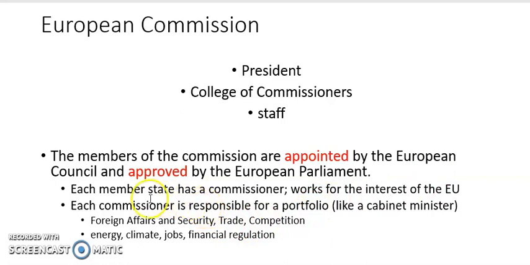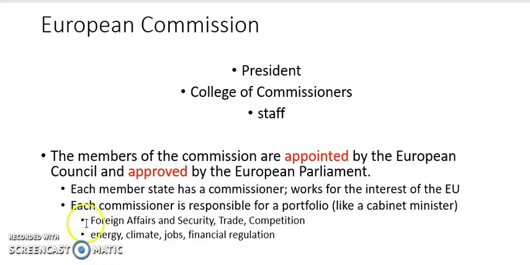So each member state has a commissioner, but then each commissioner is expected to work for the interests of the EU, not for the interest of the nation state. And each commissioner would be responsible for a portfolio, much like a cabinet minister.